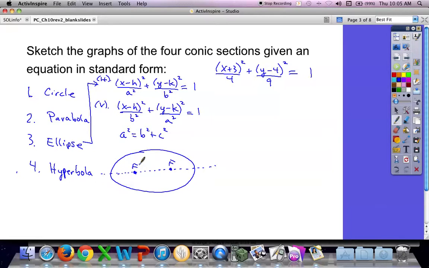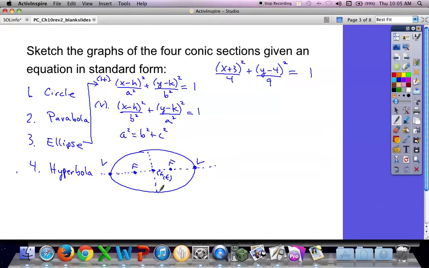In between the foci is the center. That's what has the HK. And where the major axis intersects with the ellipse, those are called vertices, right? That's a vertex, and that's a vertex. And if you draw a perpendicular line through the center, then that's the minor axis.